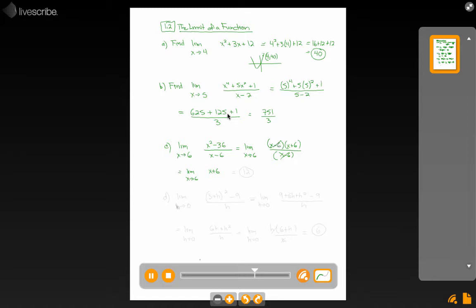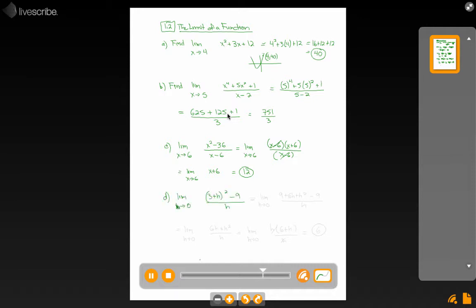The common factor top and bottom cancels. And now that I have done that, I can actually just put 6 in here and realize that 6 plus 6 equals 12, and that the answer to this limit is 12. Whatever this graph looks like, as x approaches 6, the graph is approaching a value of 12.